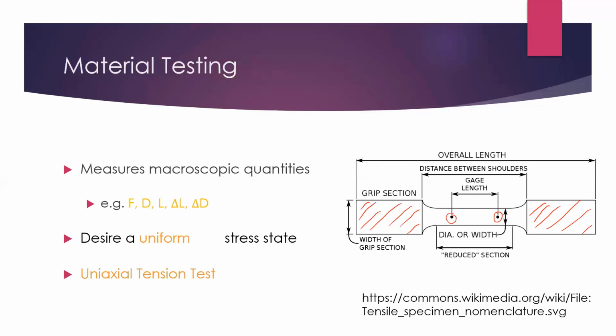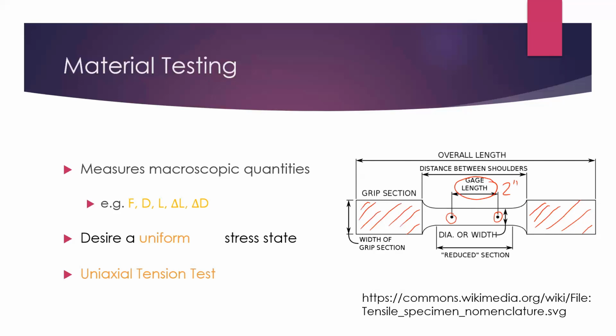And they're separated by a distance called the gauge length. And that gauge length is typically 2 inches. And in that section, it's a reduced cross-section compared to the threads because we want that middle section to be the smallest cross-sectional area. And when we pull on this, we're going to be measuring macroscopic quantities.